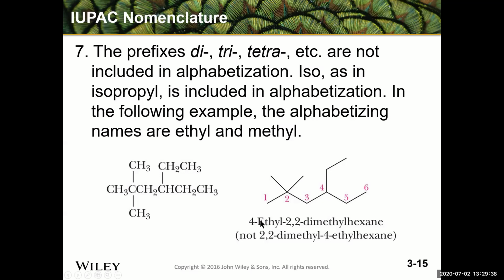So we would first put 4-ethyl, then 2,2-dimethyl hexane. We don't put 2,2-dimethyl 4-ethyl hexane, even though we think D is higher in alphabetical order, because you don't count the D. Okay.